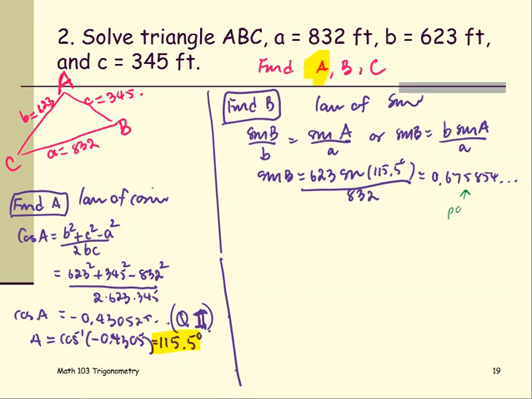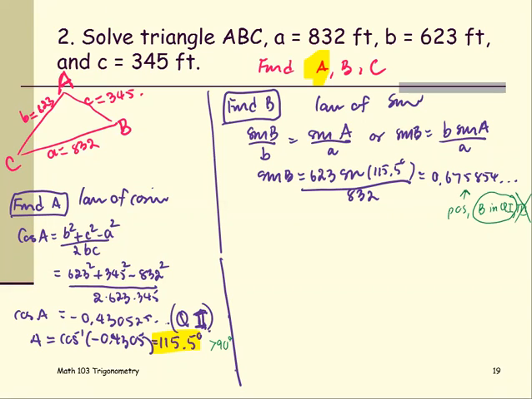The sine value is positive, so angle B will be in the first quadrant or the second quadrant. Since angle A is already in the second quadrant, greater than 90 degrees, it forces angle B to be in the first quadrant.